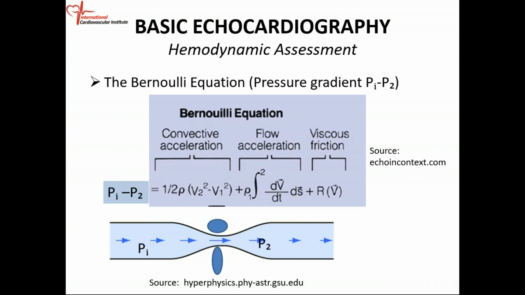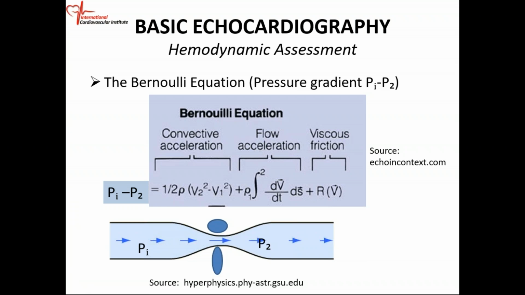Okay, you know that if you have a fluid that is not viscous, it's gonna run freely, as opposed to a fluid which is very viscous, very thick. It's not gonna run very freely. Okay, and that is going to depend on resistance and the velocity. So this component is the viscous friction. This component is your flow acceleration. Okay, and then your convective acceleration.